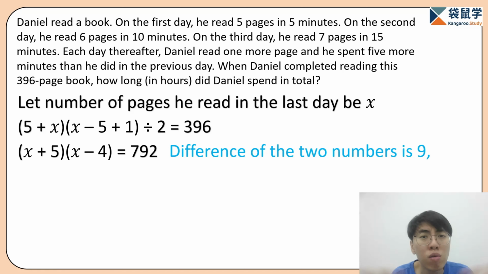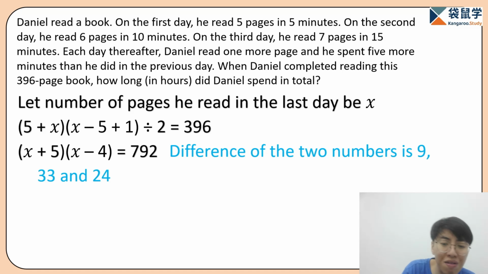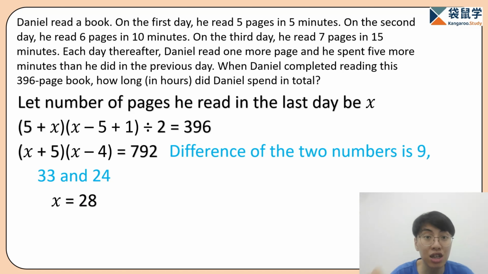And then we'll see that those two numbers are respectively 33 and 24. So, what is the number of x? It is just 28. So we have successfully found out that, on the last day, he read a total of 28 pages.